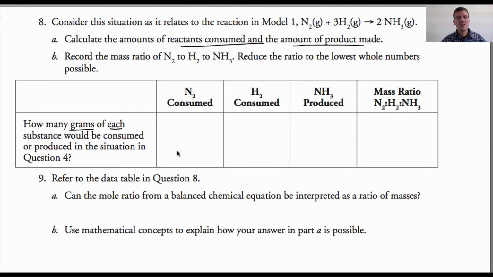So now we want to find out what is the mass. So 1 mole, and we're going to have 3 moles, 2 moles, but the mass quantities are different because a mole of nitrogen has a particular mass. What is the mass of a mole of nitrogen? We have to look at the periodic table.